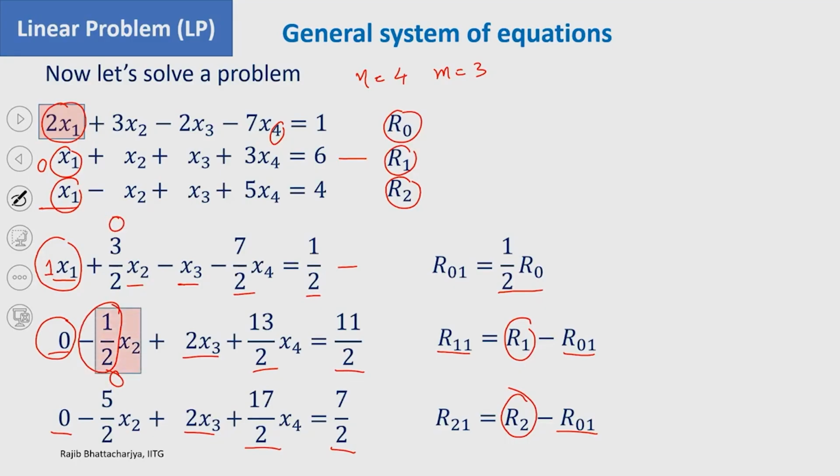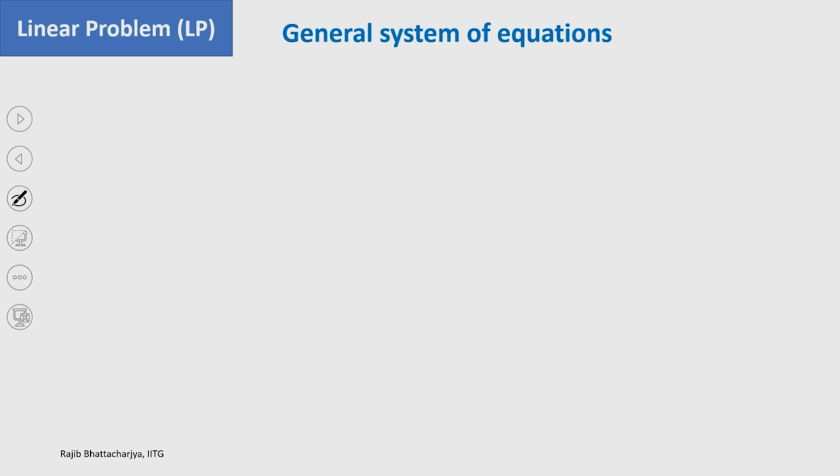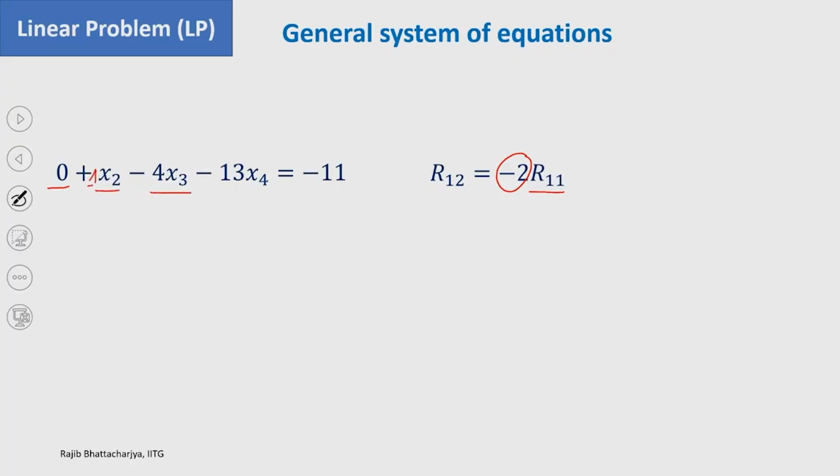So, I have multiplied R1^1 by minus 2. If you do that, this is 0 already, this is now x2, so the coefficient is 1 here, then minus 4 x3, then minus 13 x4 equal to minus 11.